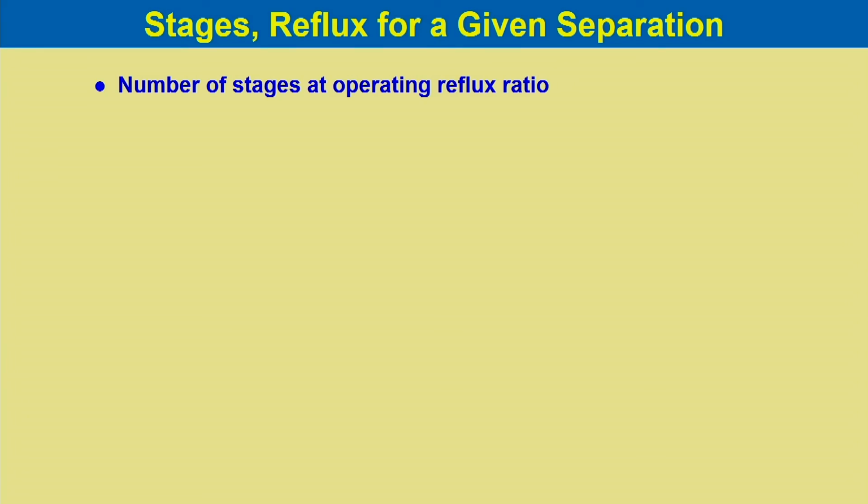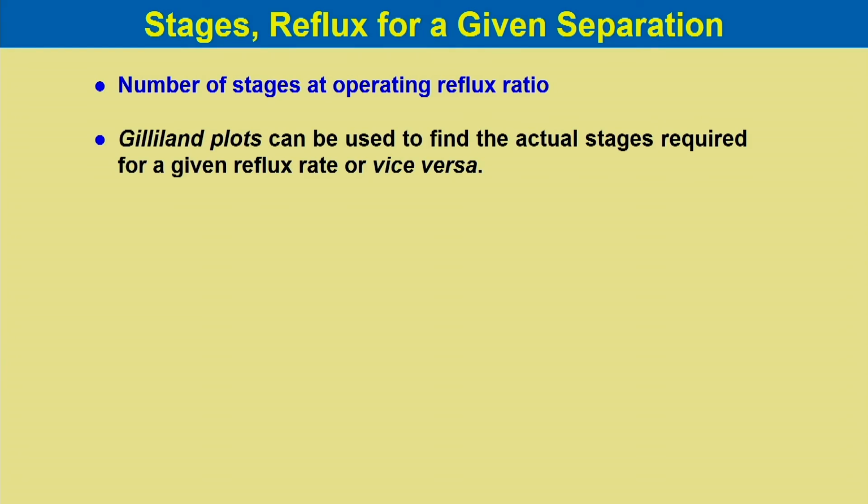Now, stages and reflux for a given separation. For the number of stages at operating reflux ratio, Gilliland plots can be used to find the actual stages required for a given reflux or vice versa.